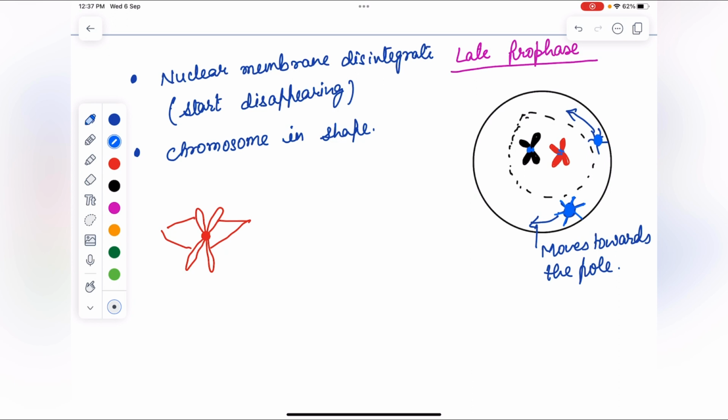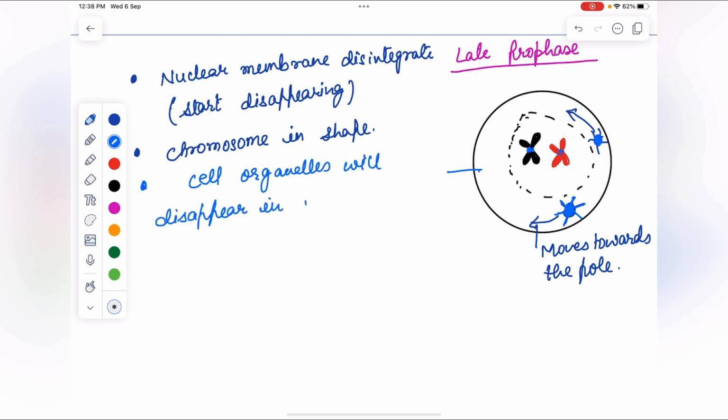At the end of the prophase, all the cell organelles will disappear in this phase.